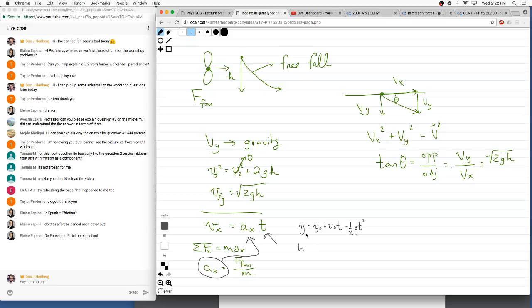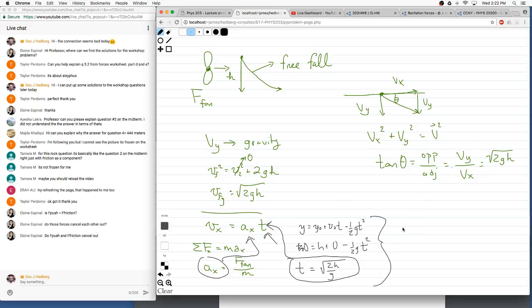I know that the initial y is h, final y is 0, initial velocity is 0, and that term stays the same. So solving for t, I get t equals square root of 2h over g. Now I can take that and put it in for t.